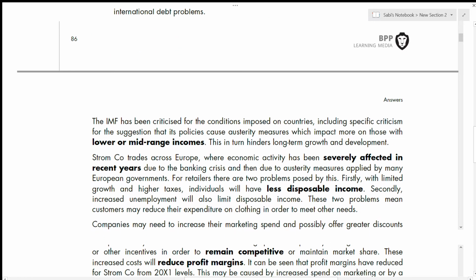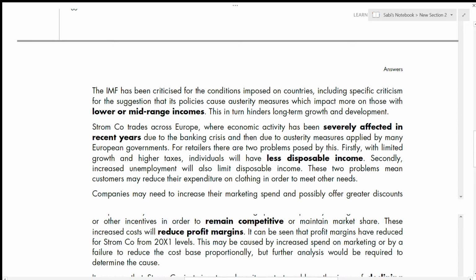Now let's go here. The IMF has been criticized for the conditions imposed on countries, including specific criticism for the suggestion that its policies cause austerity measures which impact more on those with lower or mid-range incomes. This in turn hinders long-term growth and development, right? So it is not that IMF policy is welcomed.